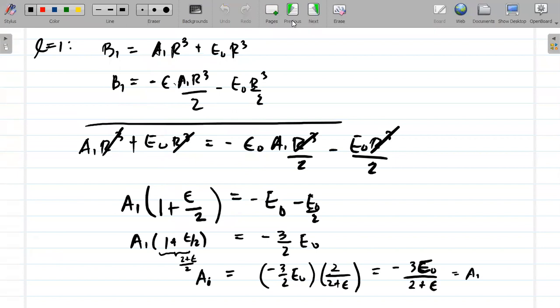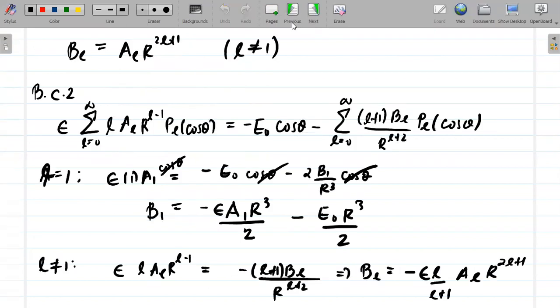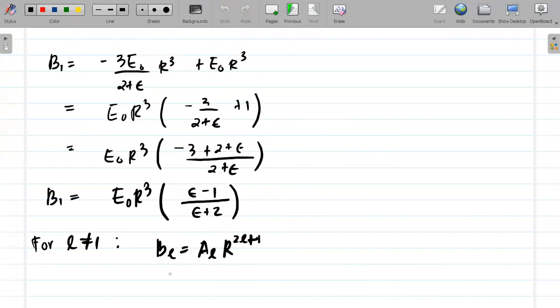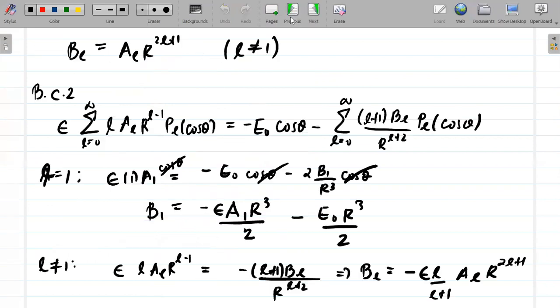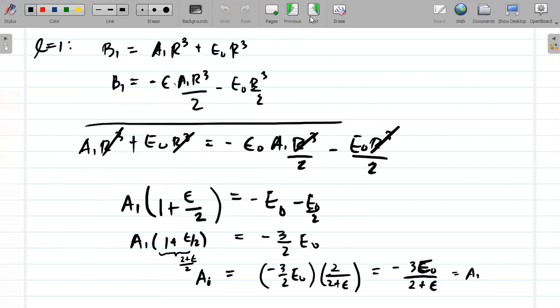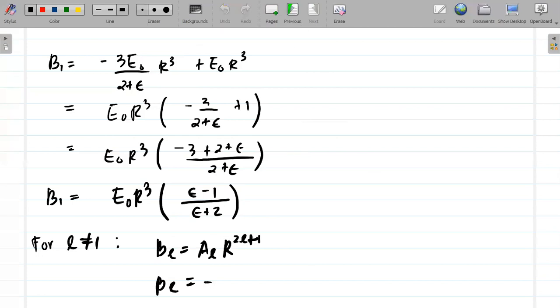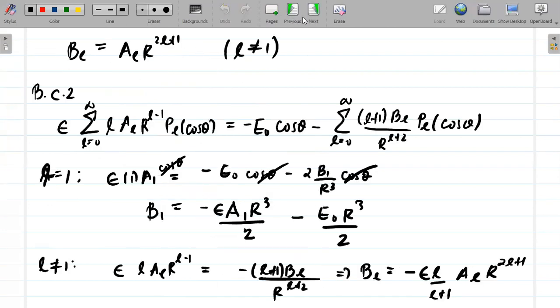Yung second naman, we get BL equals negative epsilon L over L plus 1 AL R to the 2L plus 1.